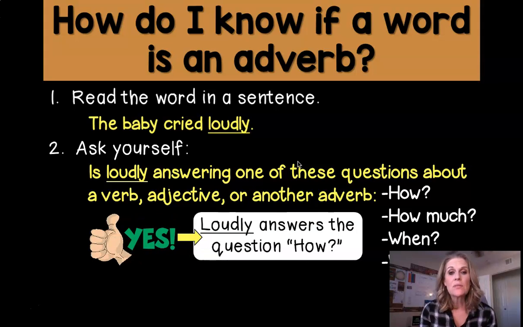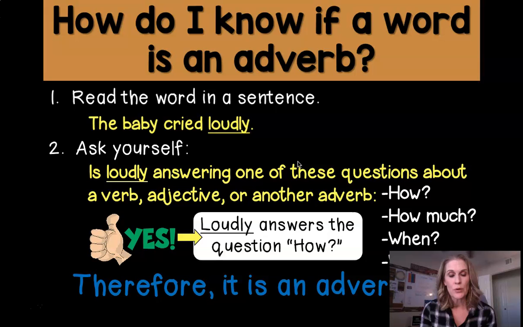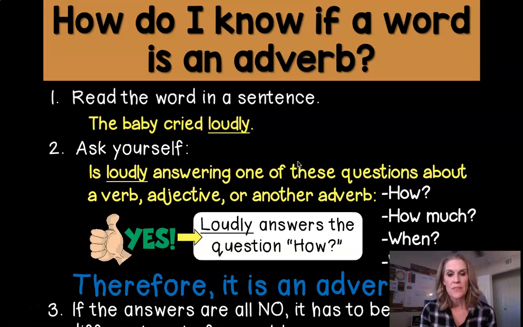Yes, loudly answers the question how. Remember, adverbs describe verbs. How did the baby cry? Loudly. Therefore, it's an adverb. If the answers are all no, it has to be a different part of speech. Adverbs describe verbs.